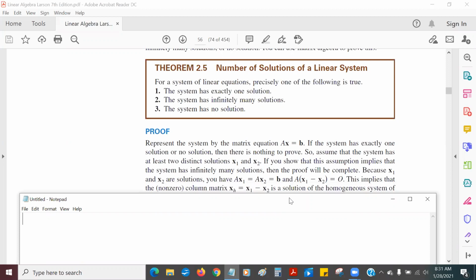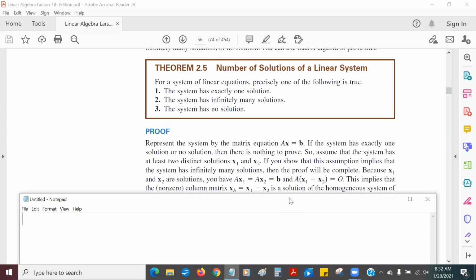Now, let's look at this matrix, x1 minus x2. That is a new column matrix. So let's just call that XH. H, of course, stands for Harry. No, I'm just kidding. H actually stands for homogeneous.